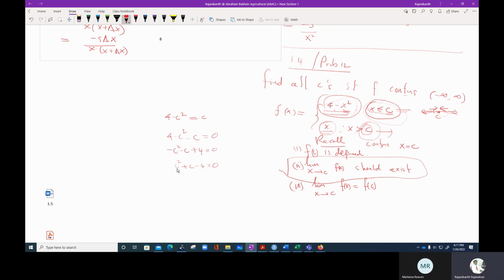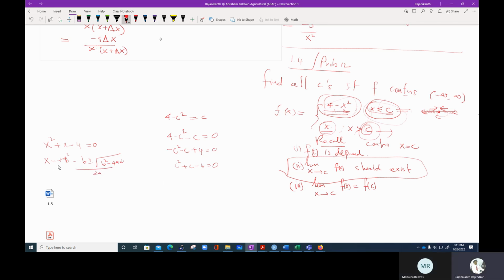So you might have c like this. Instead of c, you might have seen it with x. How do you solve this equation? Using b squared minus 4ac, remember?